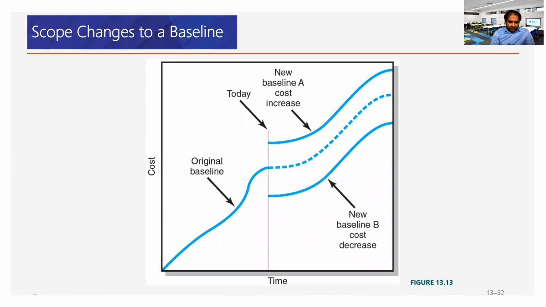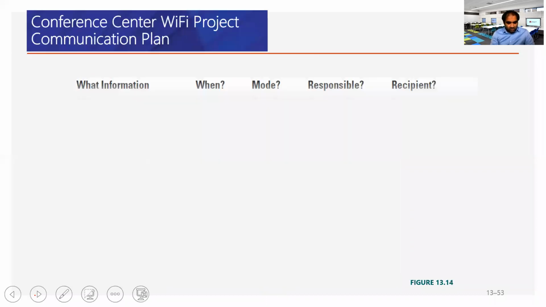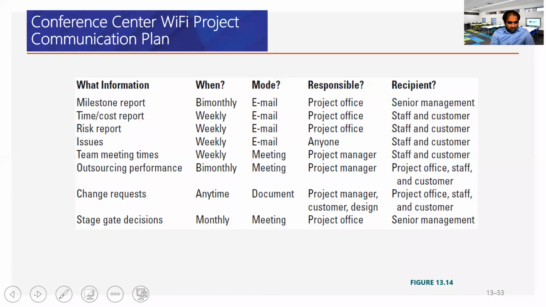The new baseline, that means depending on the overall performance after each time period, what does the new baseline look like? To accommodate that, the scope of the project needs to be changed in terms of the schedule and budget. This is a simple example of the communication plan.